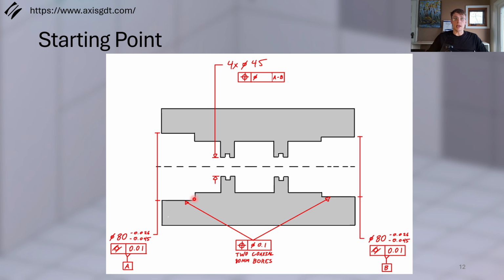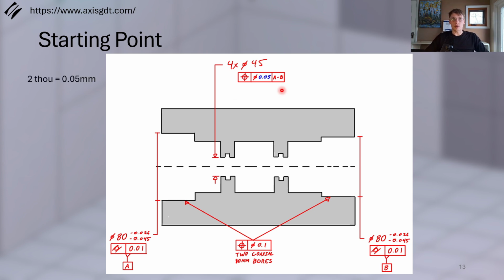They had together a datumless positional tolerance for the two coaxial 80 millimeter bores, and this was based off of the alignment that was required for the bearings, I believe. And then 4 times these 45 millimeter diameters with a positional tolerance to A B. So this reflected the requirements of the part really, really well. I was pretty impressed with this.